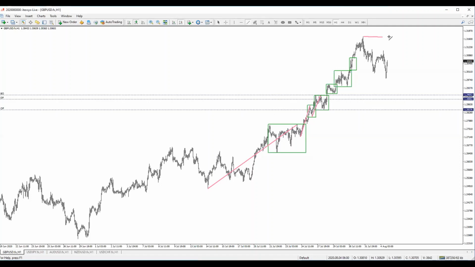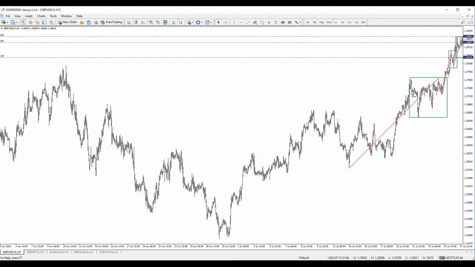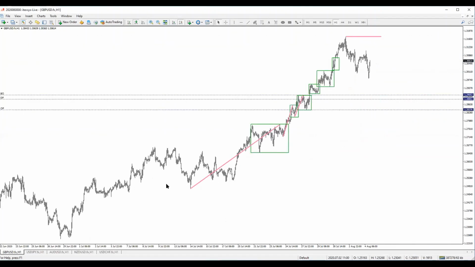If buyers haven't managed to break this point, the flag is not completed. What can happen here is that we're going to have a reversal pattern, and that will not be a flag, that will be a reversal pattern. And from that, if price continues going down, it will create a downtrend flag and pole, like here. Okay, so this is an incomplete flag.